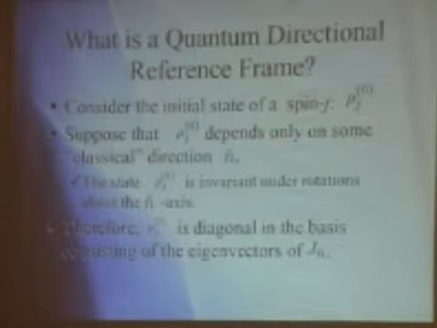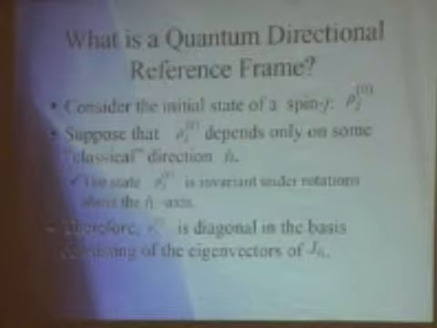So consider the density matrix, the state of a spin J. I just say that it's represented by rho J. The index 0 here is just to say that it's my initial state. I'm going to use my quantum reference frame a number of times, and every time I use it, I'm going to increase that index, from 0 to 1 to 3.